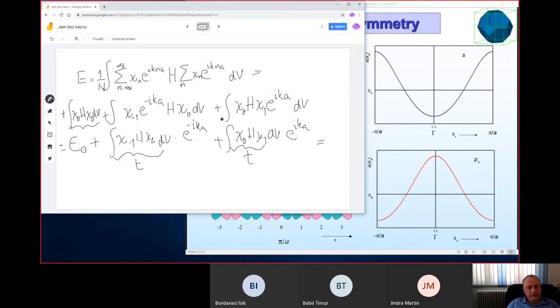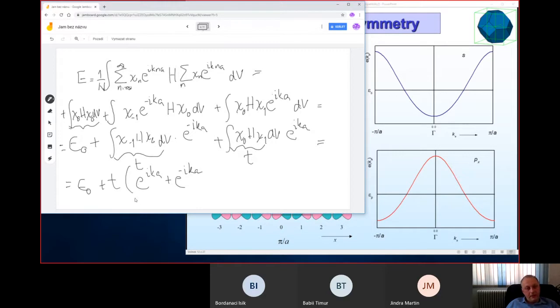So now we can express the energy E as E0 plus t, and then in the parentheses we have e to the i k a plus e to the minus i k a.